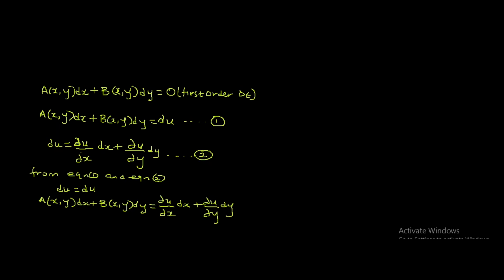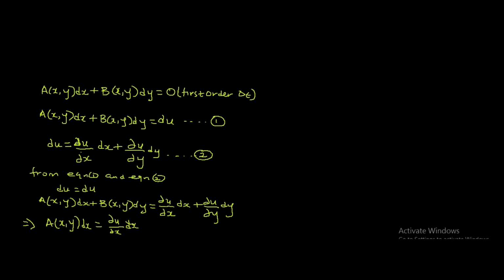Now, because of the equality sign here, we can equate like terms. What are the like terms here? The first one that has the dx, and on the right hand side the other one that has the dx, so they are the like terms. You bring them together. So this implies that A(x, y) dx is equal to ∂u/∂x dx.